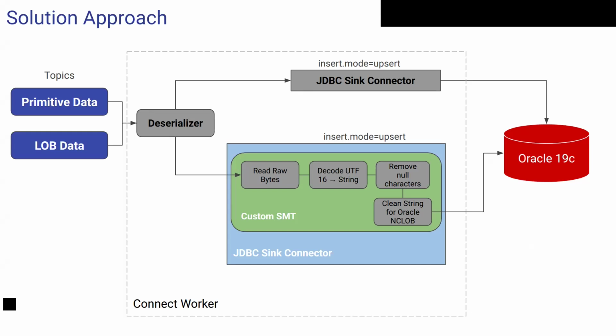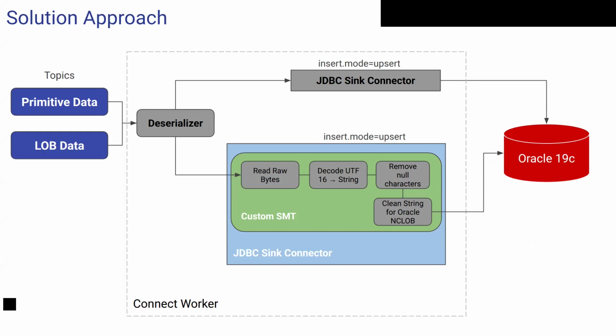So we use the JDBC Sink Connector. The insert mode that we configured is upsert, because any changes that happen in the redo log, be it an insert, update, or delete, will be taken care of by this specific mode. And the primitive data gets pushed into the destination Oracle DB.